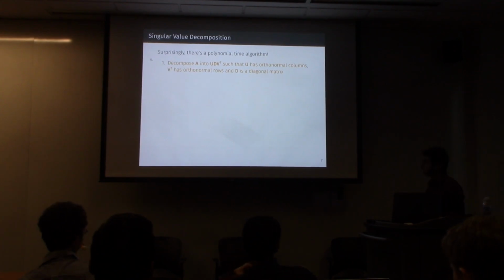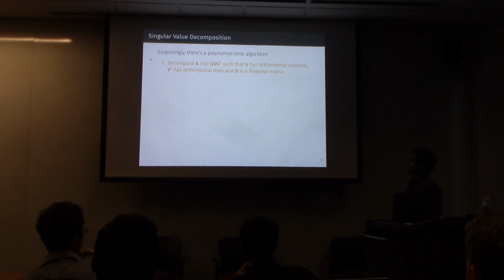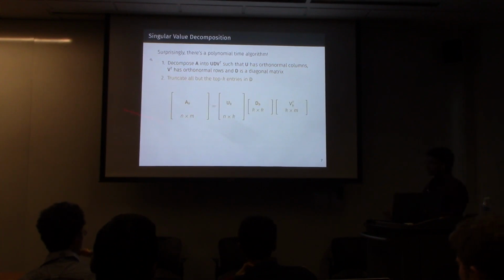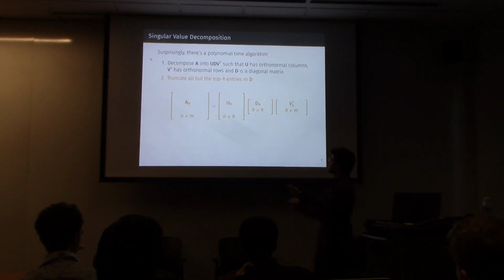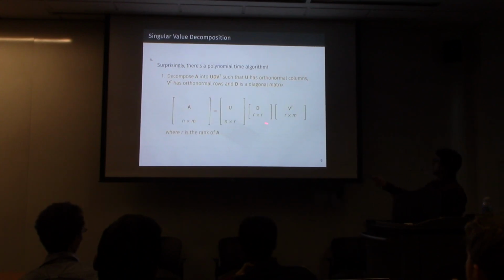Okay. So how do we use the singular value decomposition to output a rank K matrix, which is what we were going for, that is an optimizer to our original problem? We do something very simple. We look at the diagonal and we truncate it to the top K by K. So the diagonal had R entries, where R was the rank, and we want to pick the top K of them.